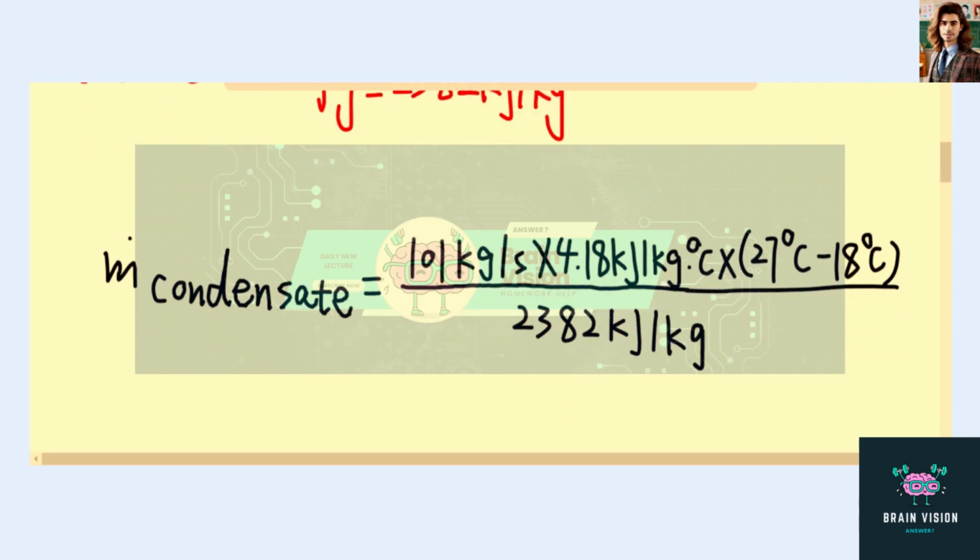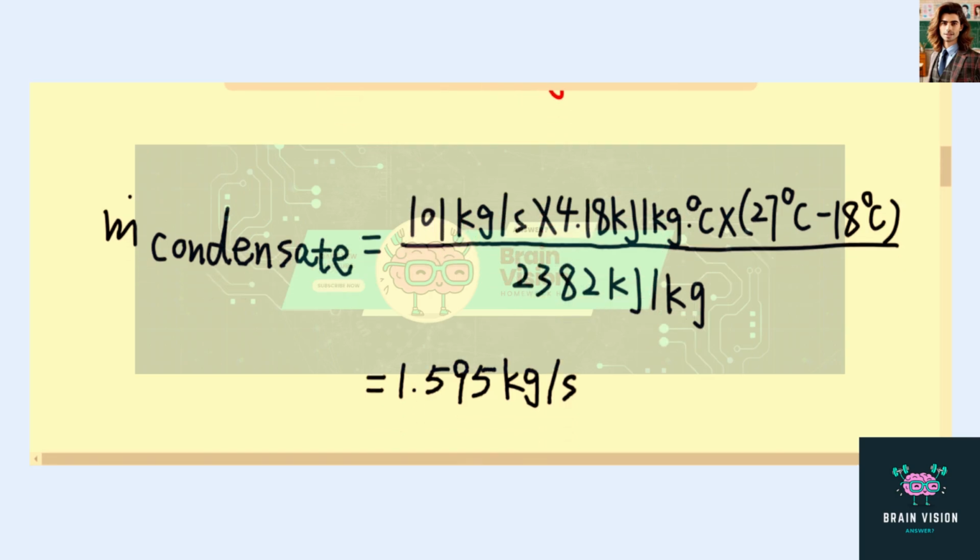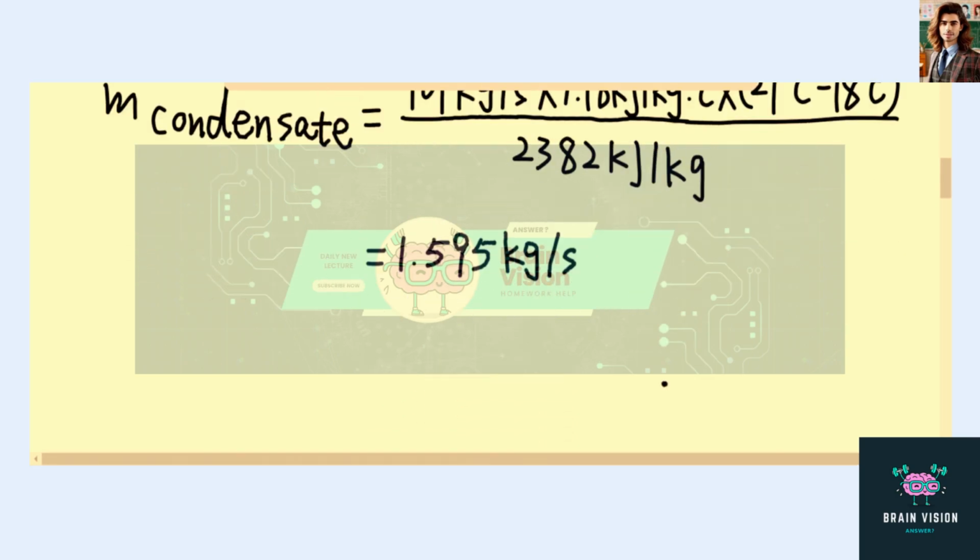And this will give us the rate of condensation of steam in the condenser is about 1.595 kilogram per second. And this is the answer for this question.